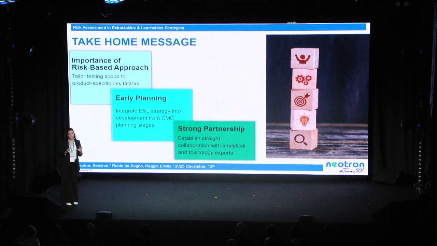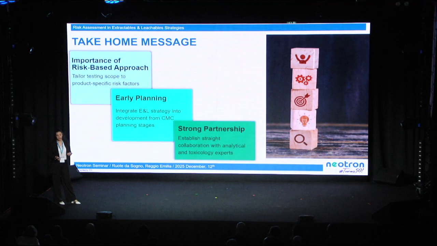And we have to consider all the risk factors along the manufacturing process, considering all the components and considering also, of course, the primary packaging. So all the risks of the leaching of every part that comes in contact with the drug formulation and finally with the patient. And of course, you can see that this kind of project is quite complex and time-consuming.